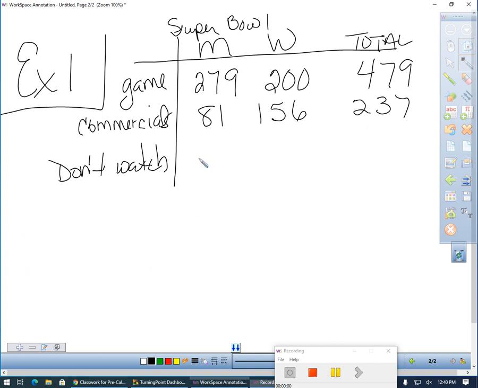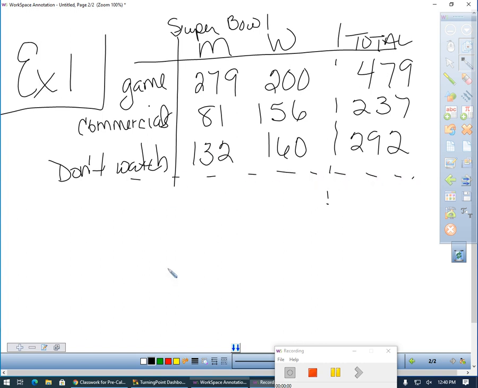Out of the ones polled, we have 132 that don't watch. We have 160 women that don't watch. And we have 292 total out of the ones that don't watch. So we have this total column this way, and let's do a total column this way. So if we were to add up all the men, we have a total of 492 men.